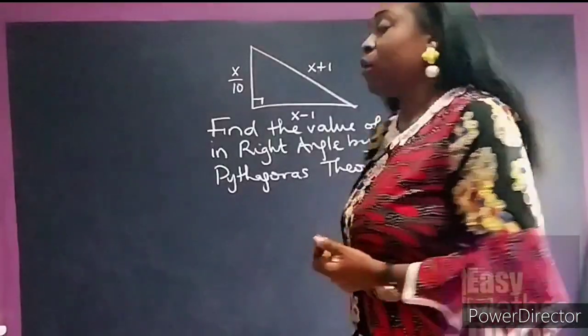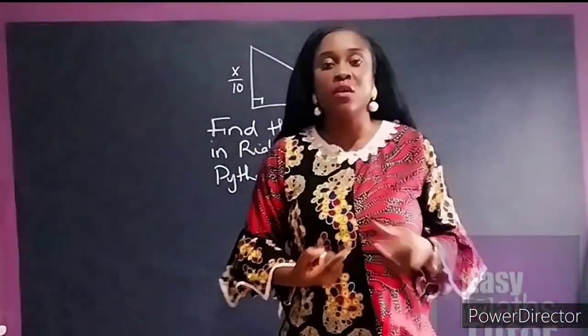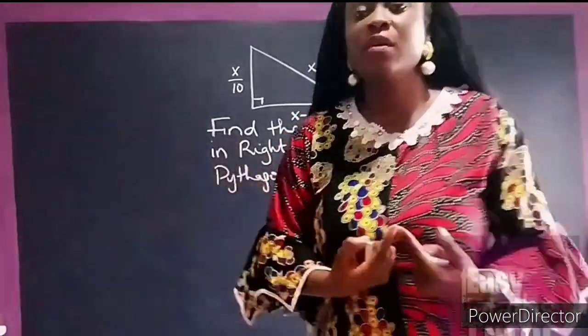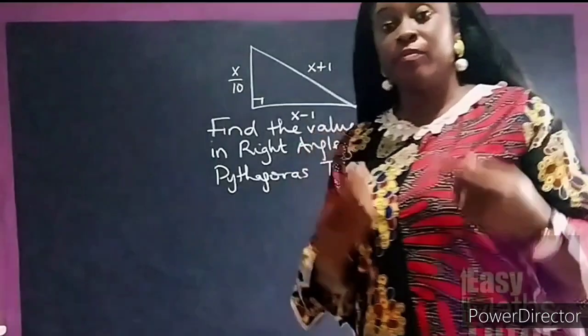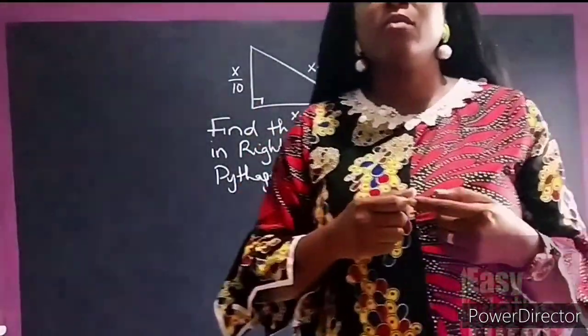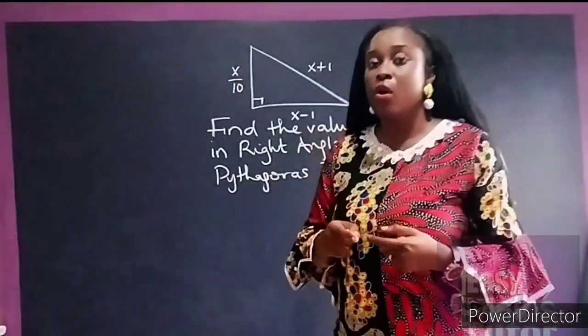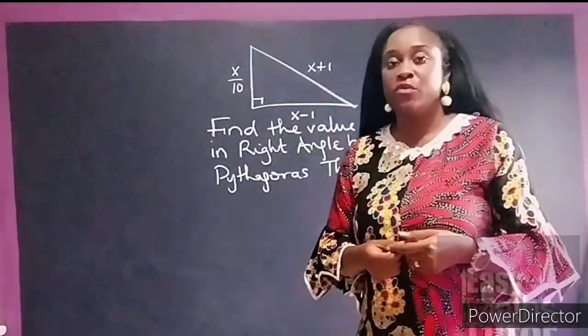And that law is known as the Pythagorean theorem. So what does the Pythagorean theorem state? Pythagorean theorem states that the sum of the square of the two sides of the right angle triangle is equal to the square of the hypotenuse of the same triangle.